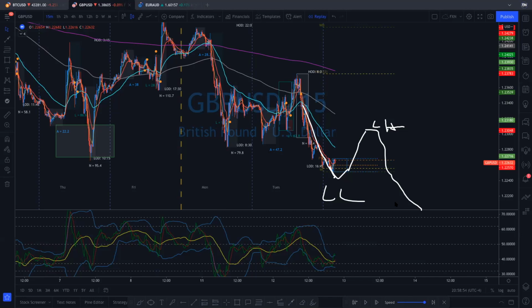So if you get a setup to go up and tag like a 200 or something to create this lower high, don't be afraid to take it, but it's a small trade. You know what I'm saying? It's just a trade to help set up the lower high, but then you're looking for the sell.